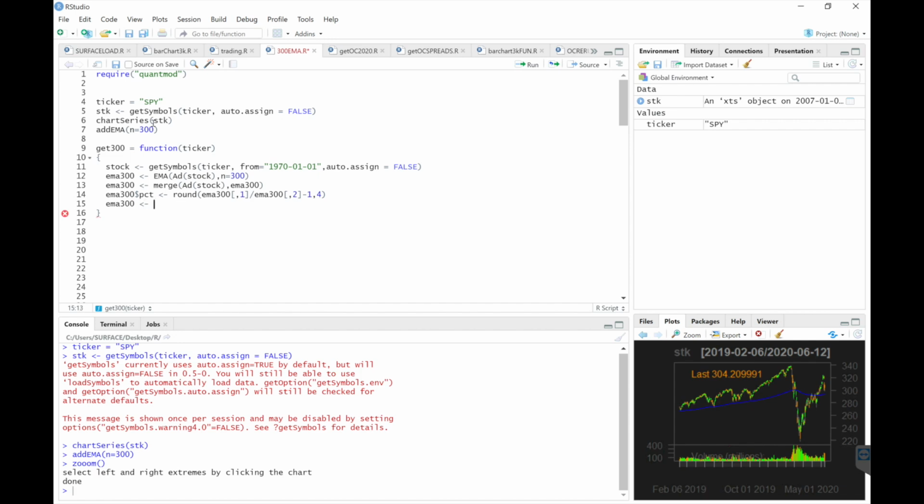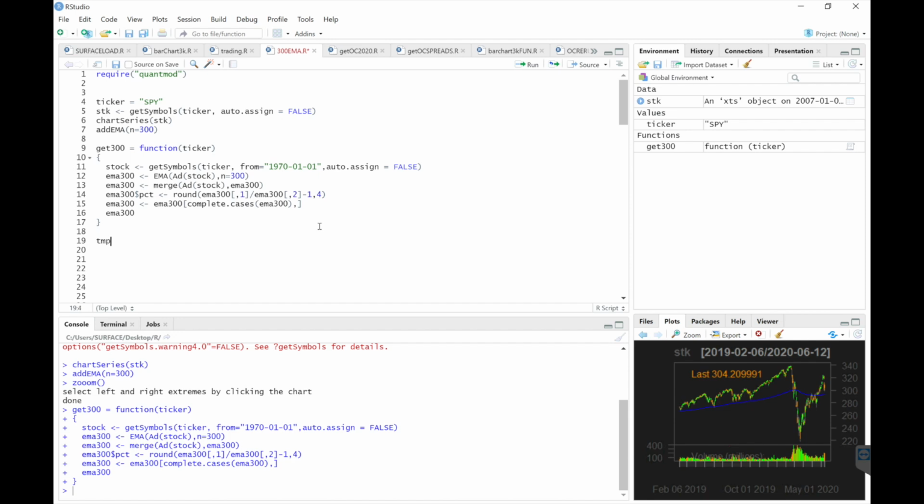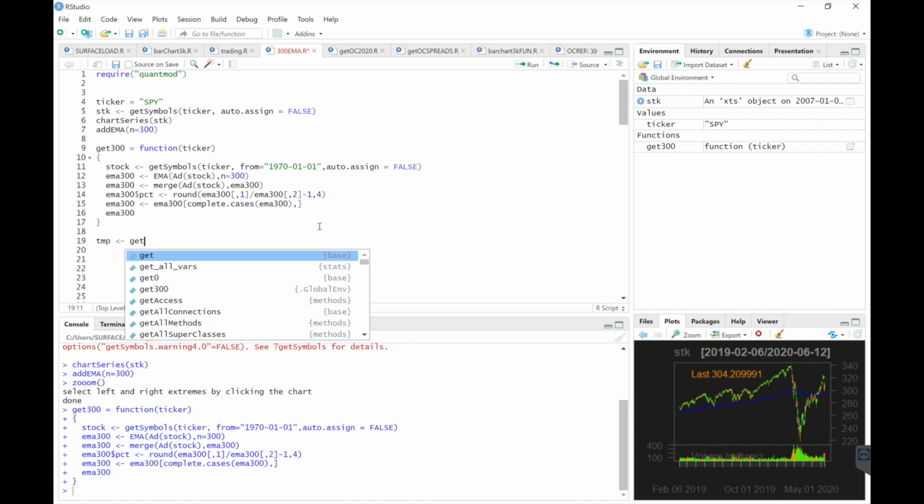Since it's going to take 300 data points, I only want to extract complete cases so we don't have a bunch of NAs in our data. So I'll just use complete.cases, and then finally return that data. I'll run that function and store it into temp.